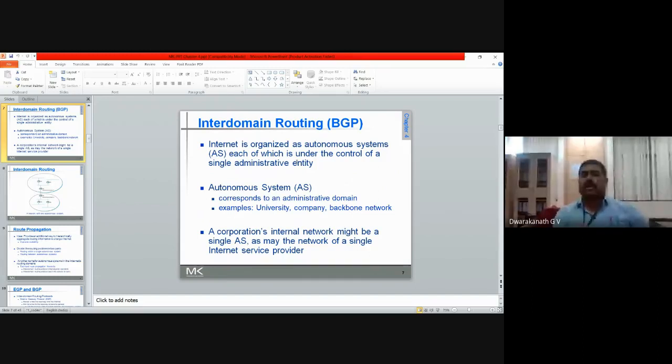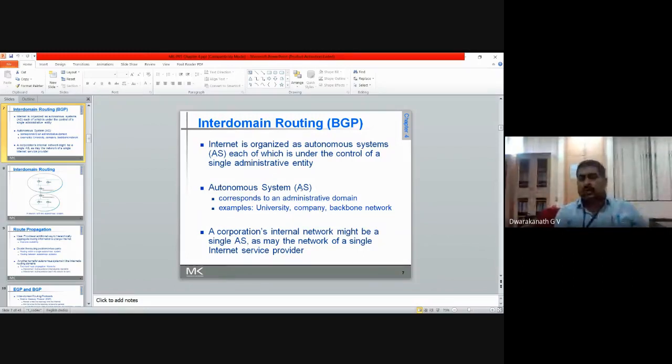What are autonomous systems? The internet is organized as autonomous systems, each of which is under the control of a single administrative entity. This is very important. That means one region, the entire region, will be under one administrative entity and the distribution of internet will be done.